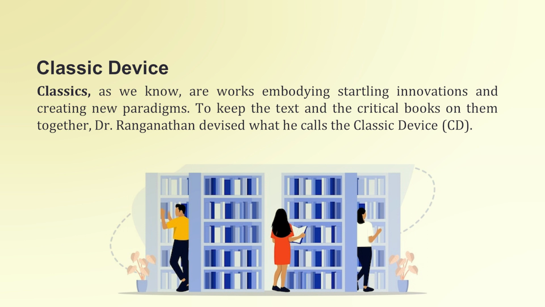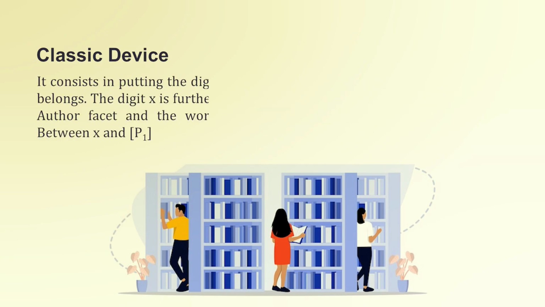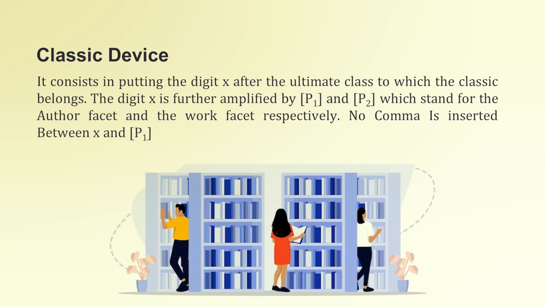Now, what is classic device? Classics, as we know, are works embodying startling innovations and creating new paradigms. To keep the text and the critical books on them together, Dr. Ranganathan devised what he calls the classic device. It consists in putting the digit small x after the ultimate class to which the classic belongs.